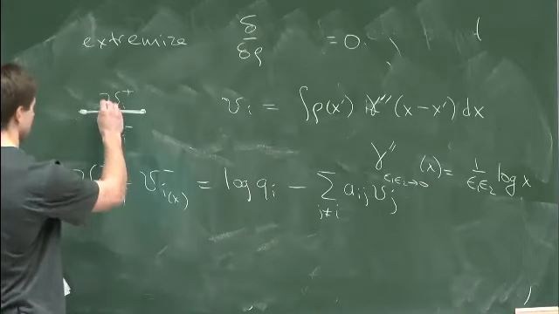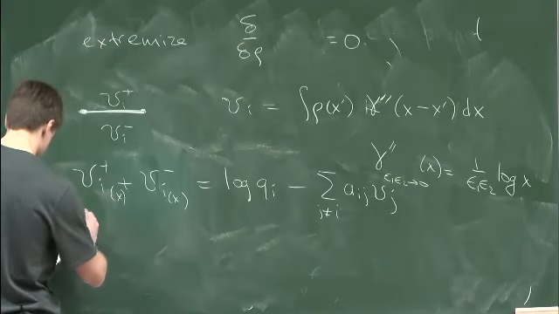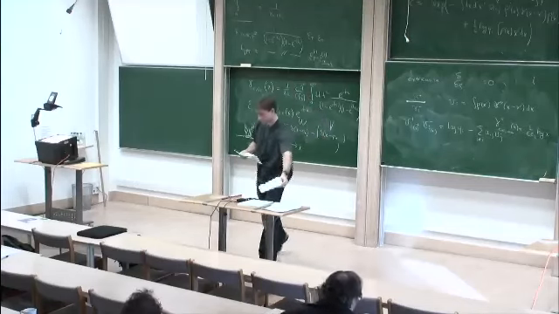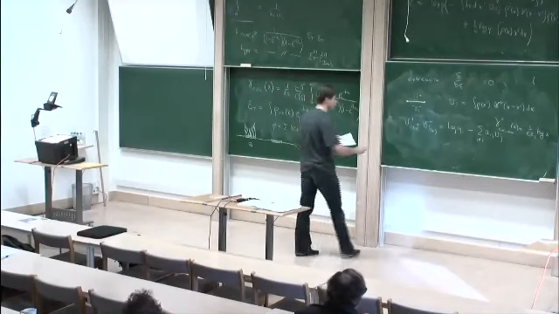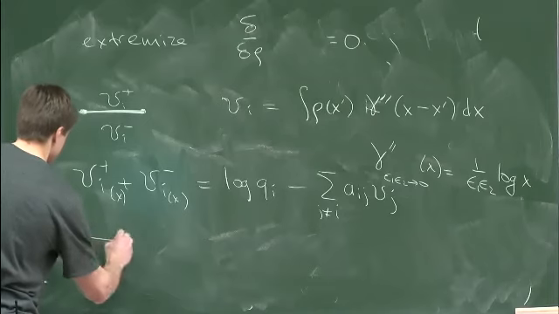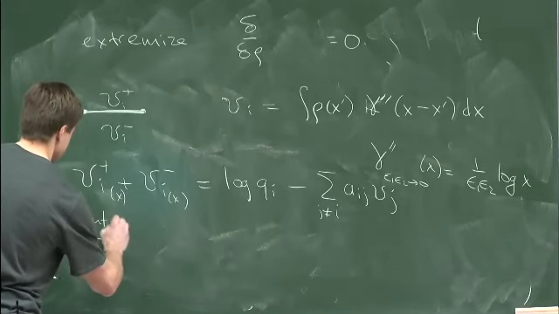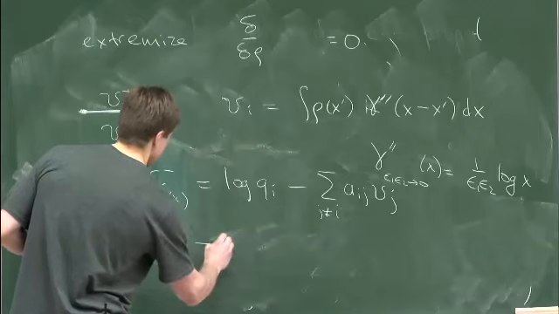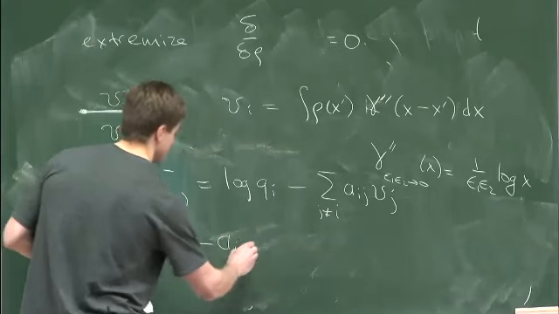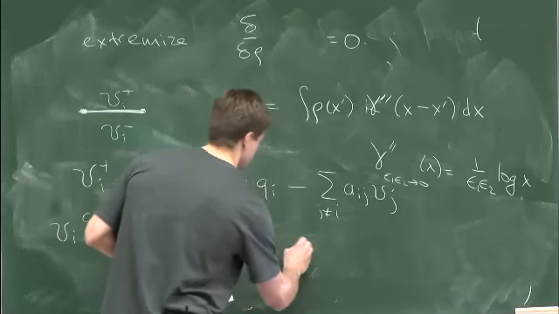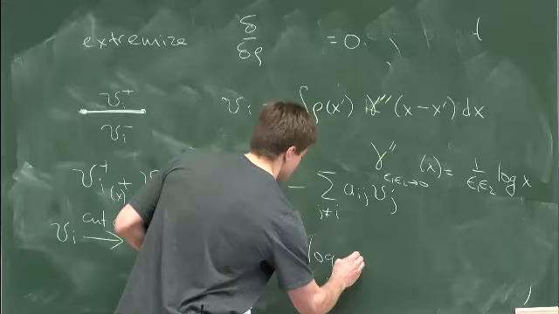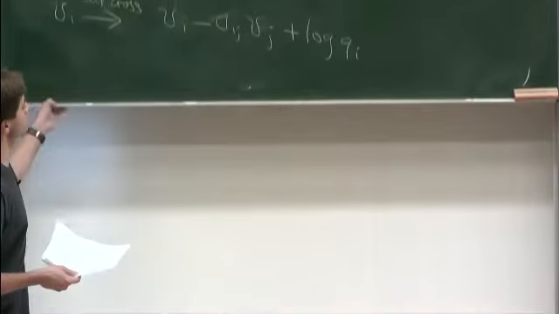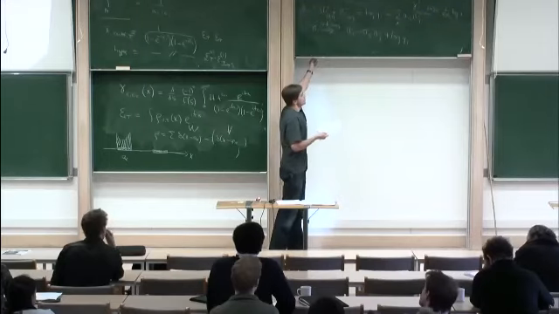So v_i plus goes to v_i minus, and this cut crossing transformation now has the form that v_i on the cut crossing goes to v_i minus a_ij v_j plus logarithm q_i.